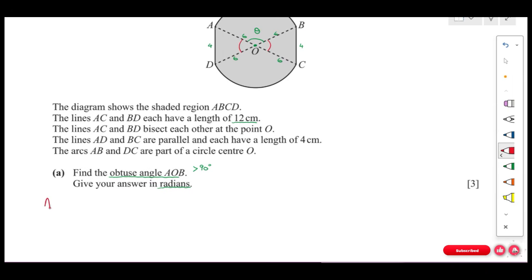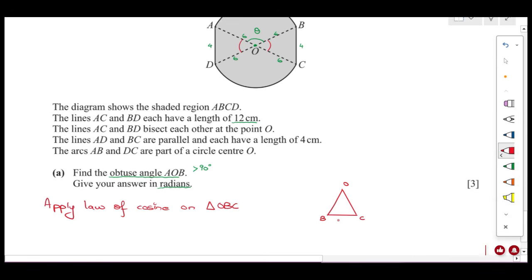So here we can say apply law of cosine on triangle OBC. Let me draw this triangle separately over here. This is O, this is B, and this is C. B to C is 4.